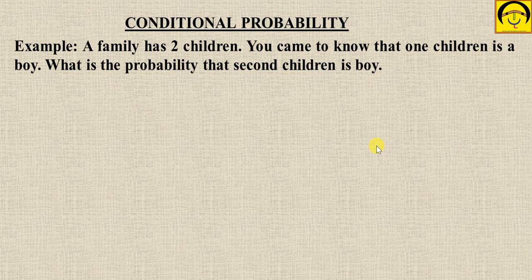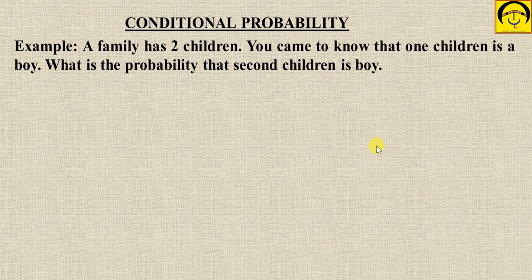The first problem is: a family has two children and you came to know that one child is a boy. So what is the probability that the second child is also a boy? So what is your sample space, tell me? A family has two children. So what are the possible cases?